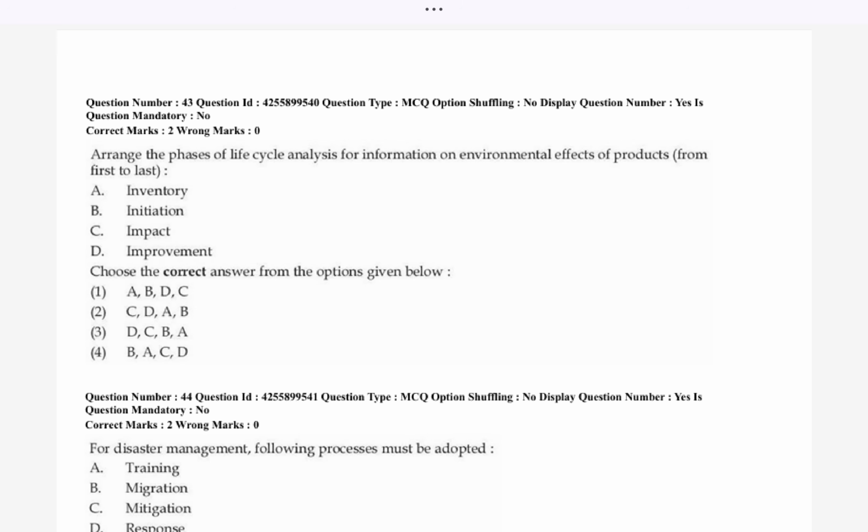Sorry, not inventory, it is initiation first. Next is inventory. Initiation is B, inventory is A. Then impact. Next, improvement, or they can also say interpretation. Impact is C, improvement is D. So BACD, which is the fourth option here.